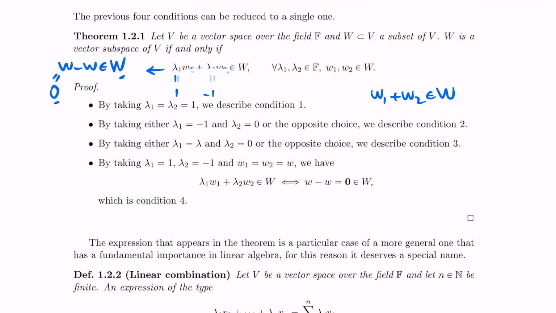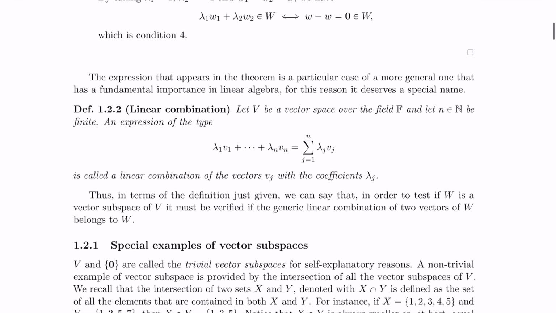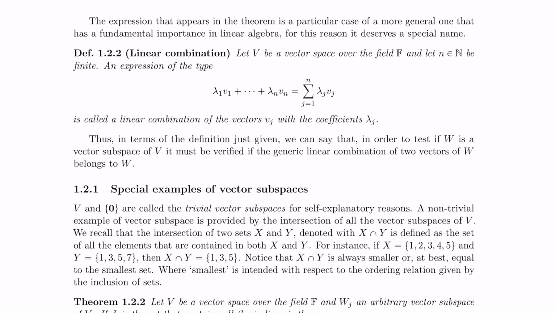It turns out that this expression here, which appears in the theorem, has a huge importance in linear algebra, and for this reason it deserves a special name. The name is provided by this definition, which is the linear combination. Let V be a vector space over the field F, n be a natural number, positive and finite, then any expression of this type here is called a linear combination of the vectors vj with coefficients lambda j.